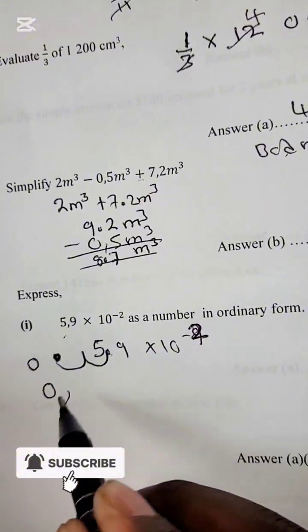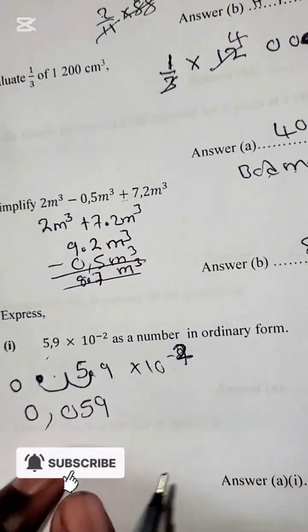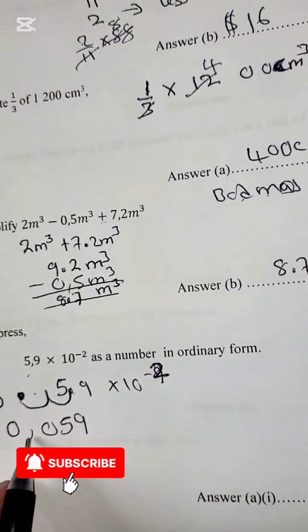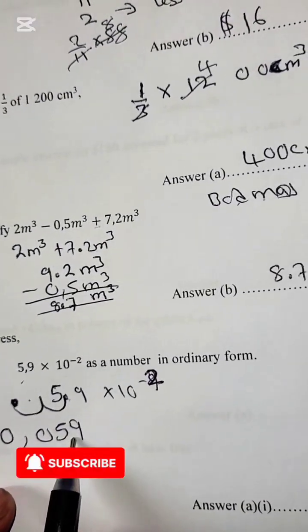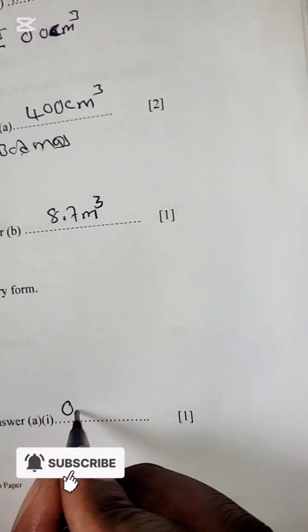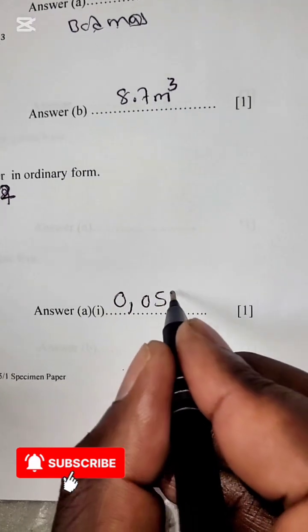It's now 0.059. So this number is now in ordinary form.